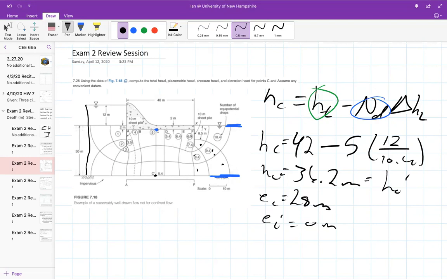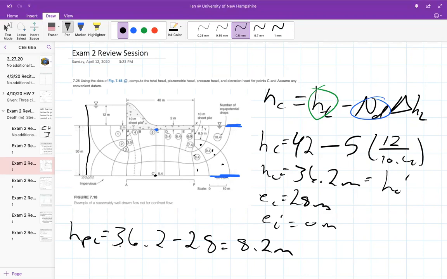So to calculate the pressure head at C, we're going to take this 36.2 and subtract the distance between C to C prime, which will give us 8.2 meters.